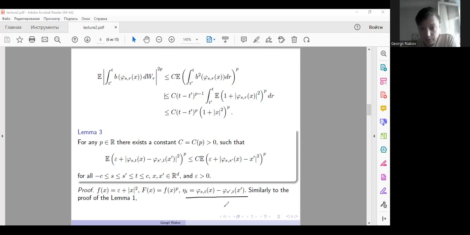Now eta t is a process defined for t greater or equal to s prime, and let's write the representation of eta in terms of integrals. So eta t is equal to phi s prime of x minus x prime plus the integral from s prime to t.